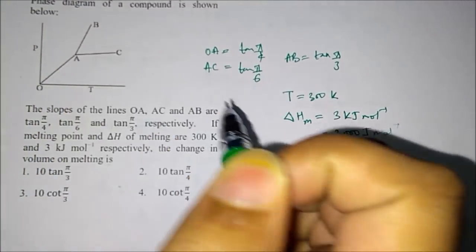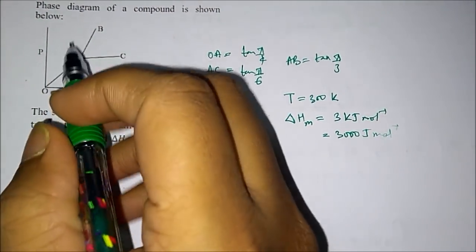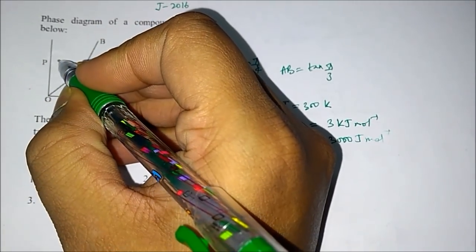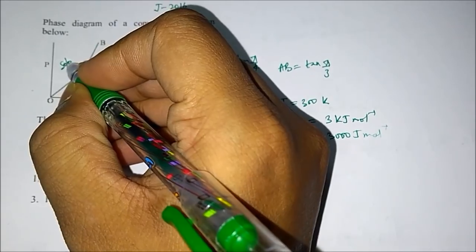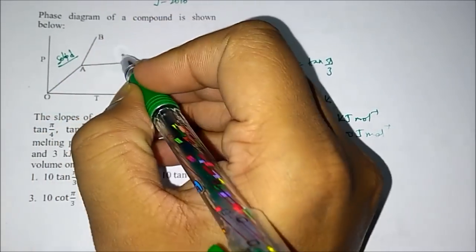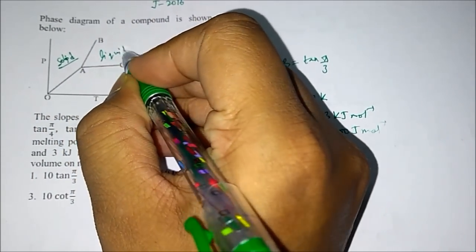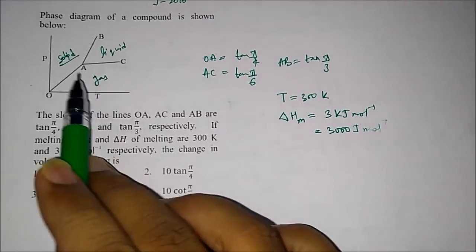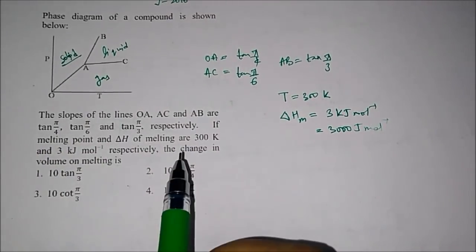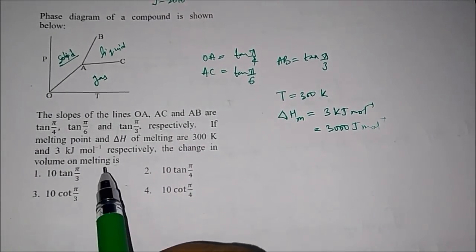Now see, for doing this question, you should know about the phase diagram somewhat. We have already studied that this portion shows solid, this is liquid, and this is gas. You should know what these areas signify in a phase diagram. Now you have to tell the change in volume on melting.